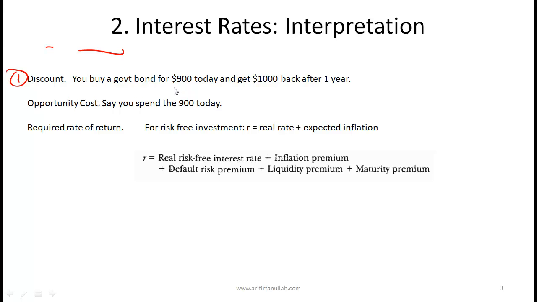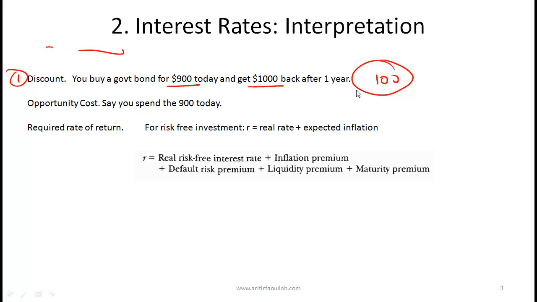Let's say that you buy a government bond today for $900, and the government tells you that after a year they will pay you $1,000. So you buy something for 900, after a year they pay you 1,000. So effectively you are buying at a discount of 100. So the 100 is a discount relative to what you will get after a year.